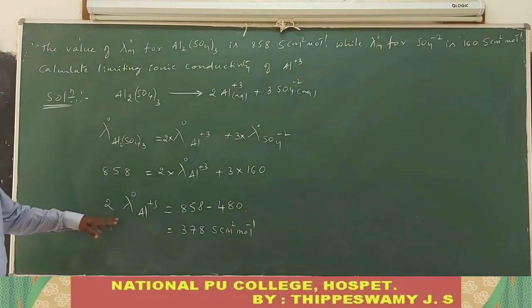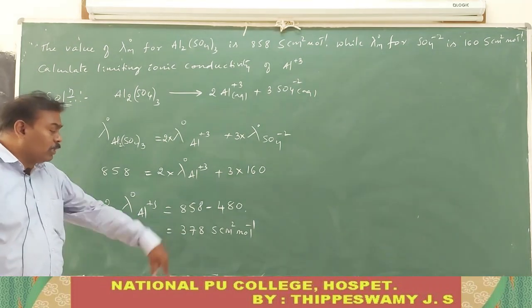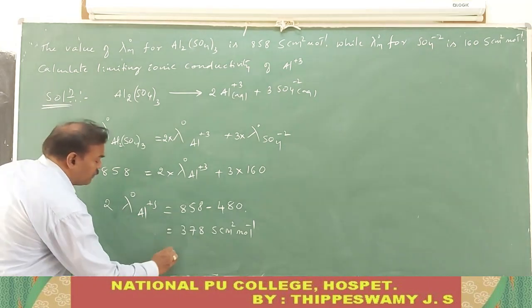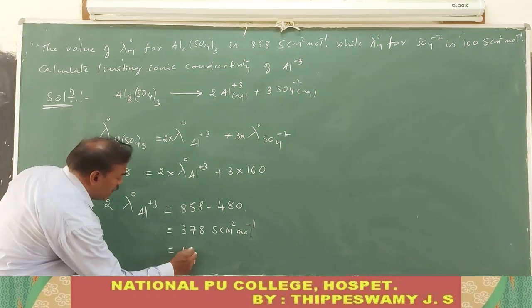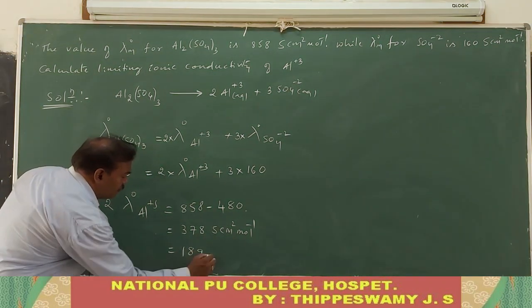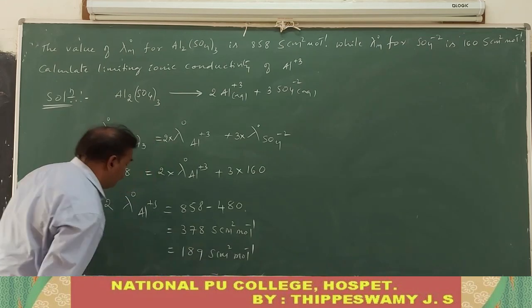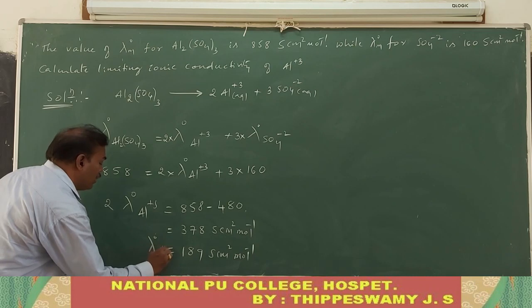But this is for 2 moles of aluminum ion. For 1 mole of aluminum ion, how much is it? So this will be equal to 189 Siemens centimeter square per mole. This is the limiting molar conductivity of aluminum ion.